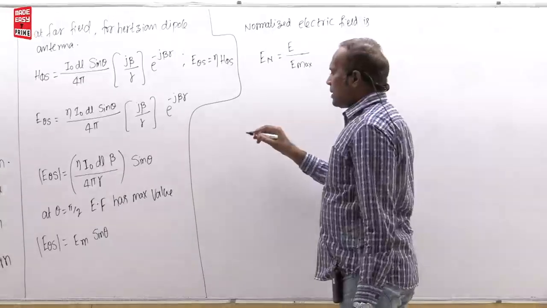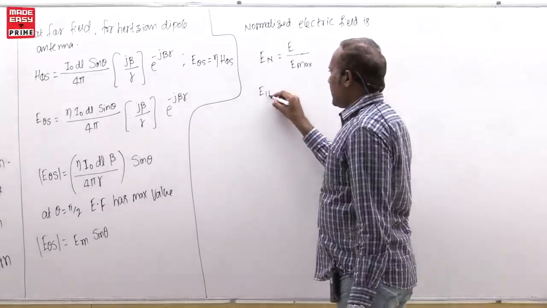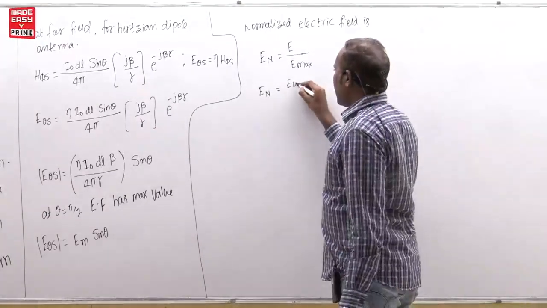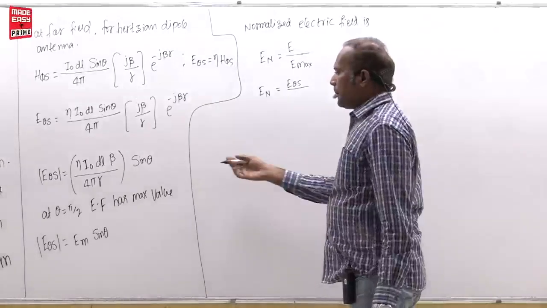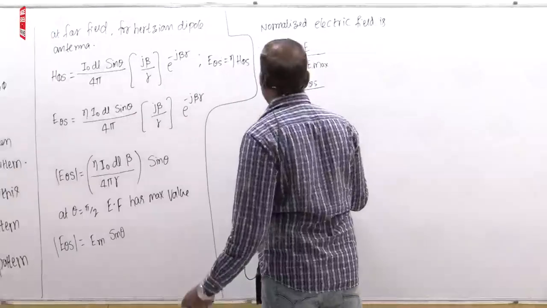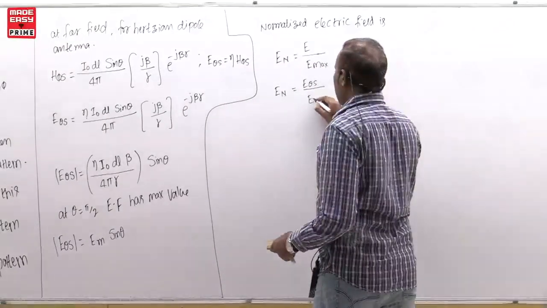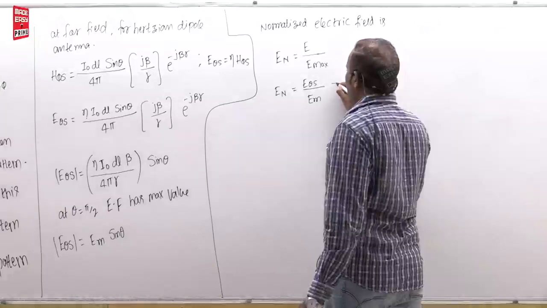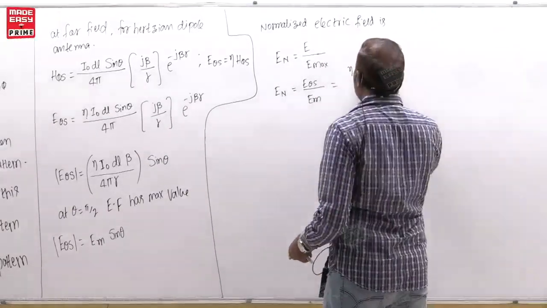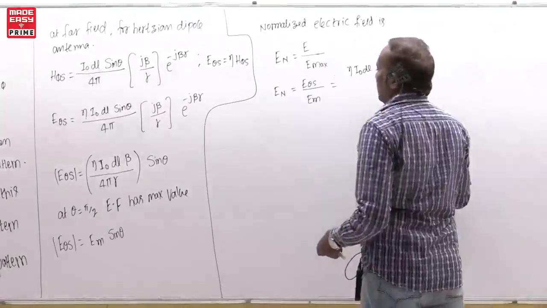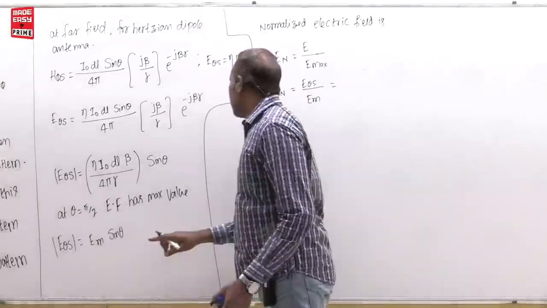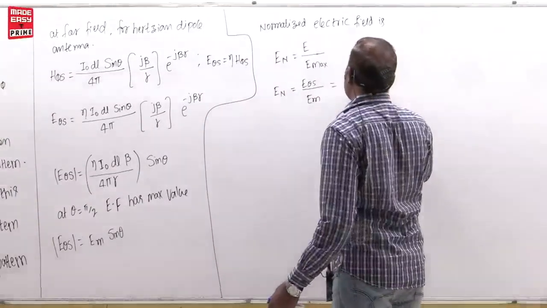Now in our case, normalized electric field is equal to E theta s divided by Em. E theta s is eta I naught dl, or otherwise directly I have written here, and E theta s by Em gives sin theta.